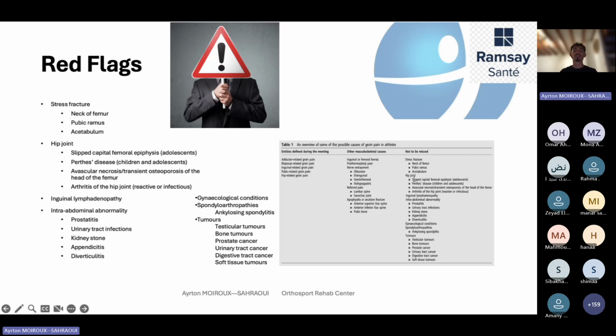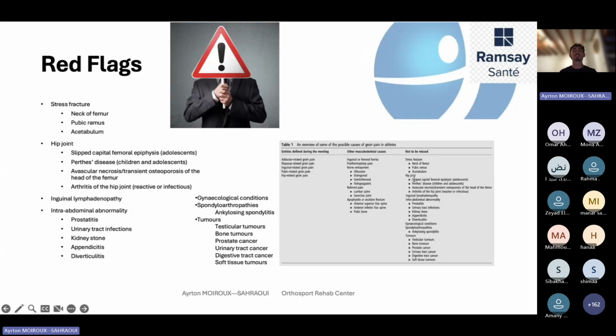Or those who have an underlying condition like osteoporosis. There's avascular necrosis, a serious condition where the blood supply to the bone is compromised. Okay, so that's severe pain, limited range of motion, and you need to refer to a specialist as quickly as possible. There's also systemic illness such as infections, inflammatory disease, or even referred pain from the abdominal or the pelvic organs.